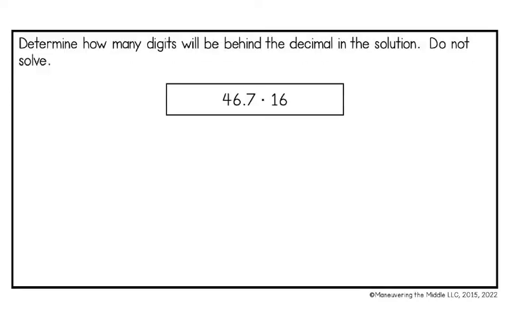So these first four problems, we're not going to actually multiply. We are just going to talk about how many digits behind the decimal there are. So our first problem is 46.7 times 16. So we're going to look at 46.7 first, and we're going to just look at how many digits are behind the decimal. And there is one digit behind the decimal.